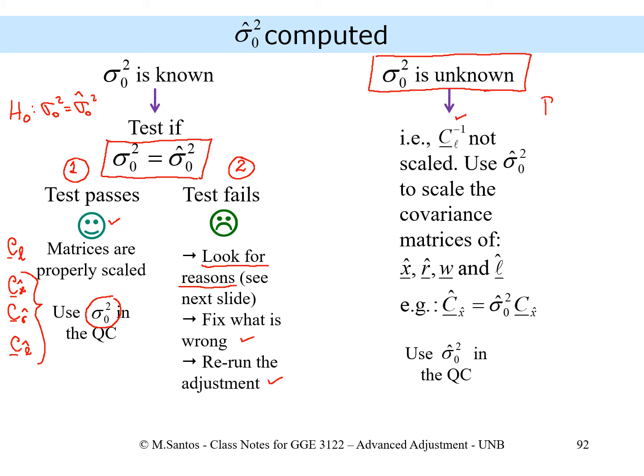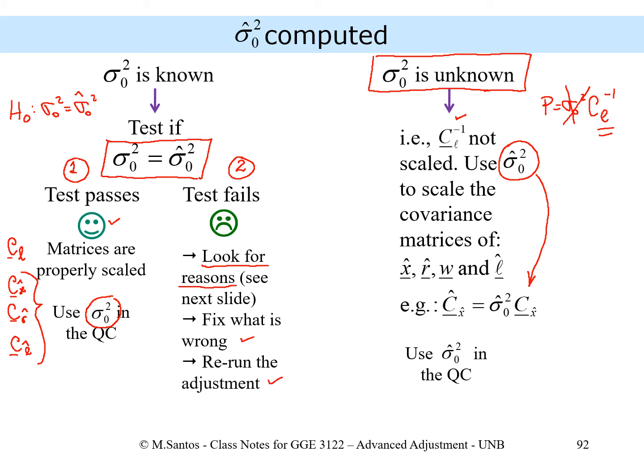The weight matrix would have to be scaled by this factor here, but it's not, because you don't know it. So we cannot guarantee the scaling of this covariance matrix. And that's why this approach comes in, using the a posteriori variance factor to scale the estimated matrices.